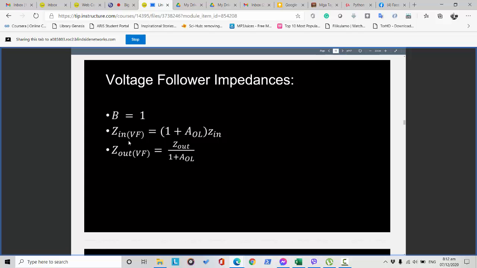Okay, and our input impedance for this voltage follower has this formula. We omit here the B, but we only use this. And the output impedance of this voltage follower will be equal to the output impedance divided by 1 plus the open loop gain. So remember these formulas.